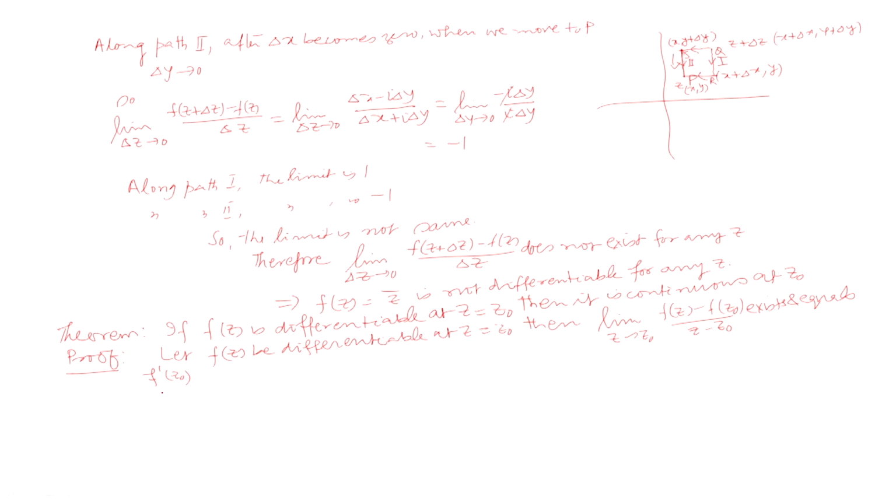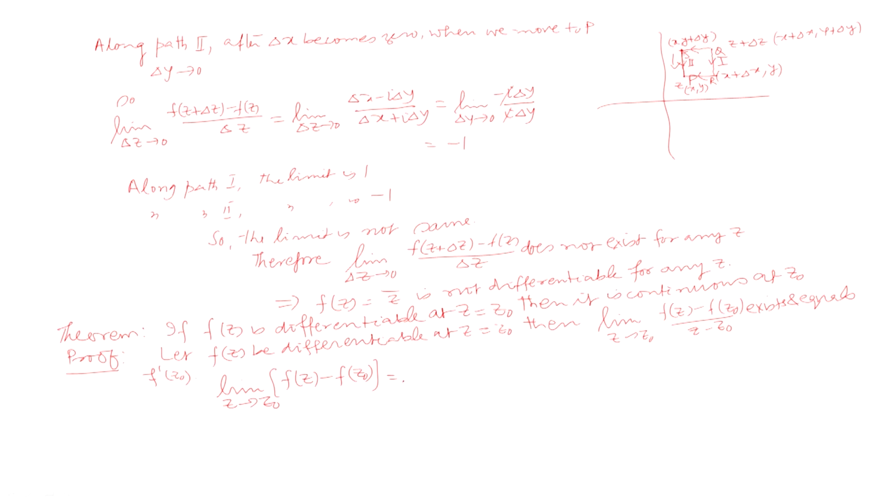Okay. We have to show that f(z) is continuous at z equal to z naught. So, we have to consider limit z tends to z naught of f(z) minus f(z naught). If we can show that the limit of f(z) minus f(z naught) as z tends to z naught is 0, then the limit of f(z) as z tends to z naught will be equal to f(z naught).